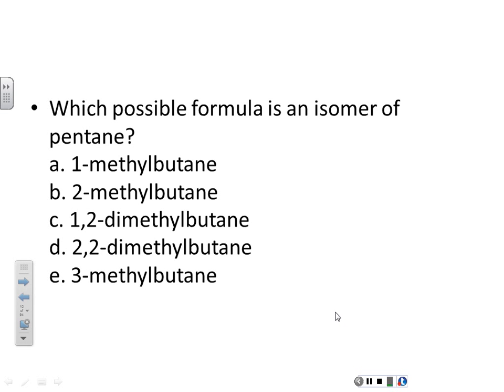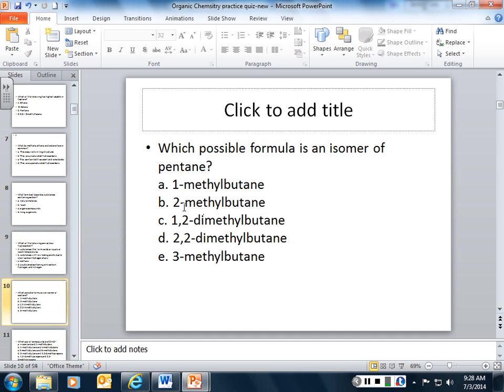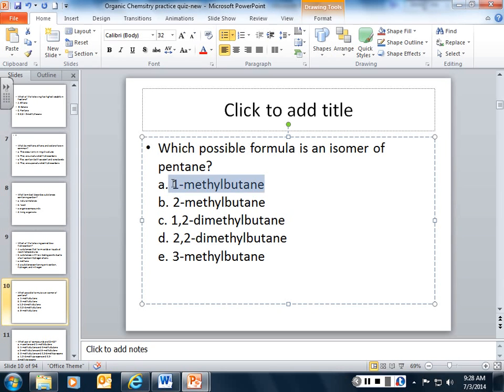At one position you put one methyl, but truly speaking, if you put it here, that structure is not possible. 1 methyl butane is not possible. So let's change it and make it correct.